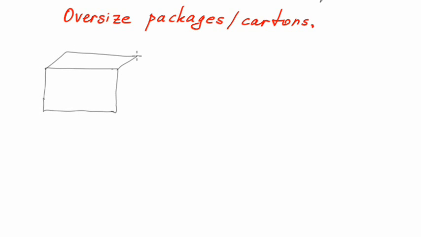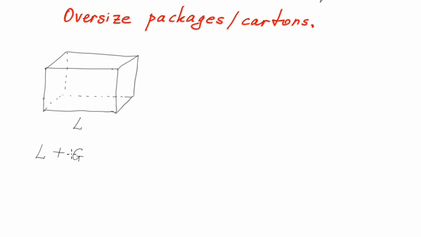The largest side of the box is called length. We have to look at the following inequality: we take length and add girth to it.